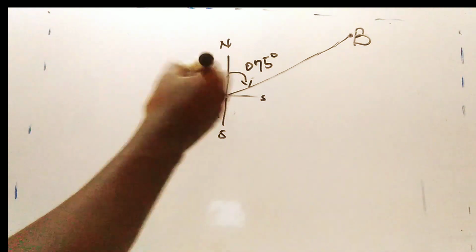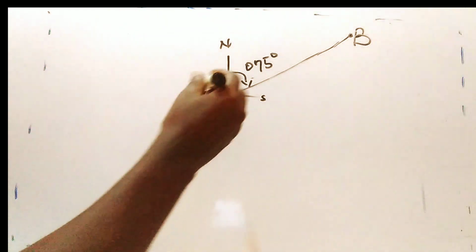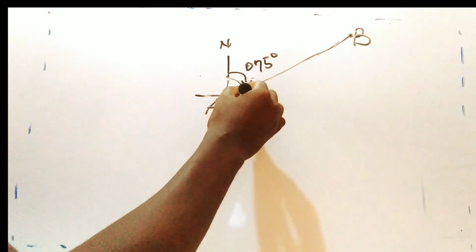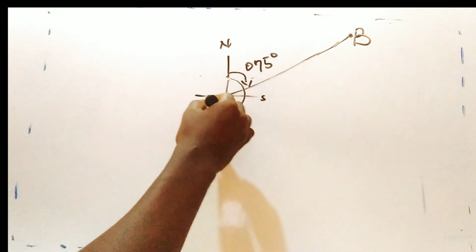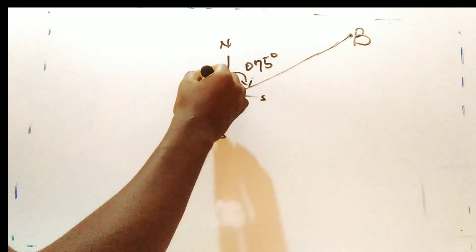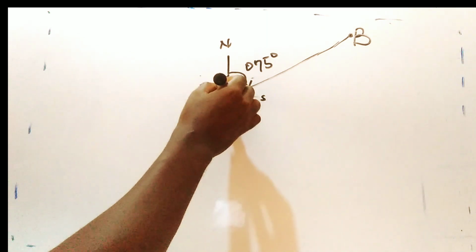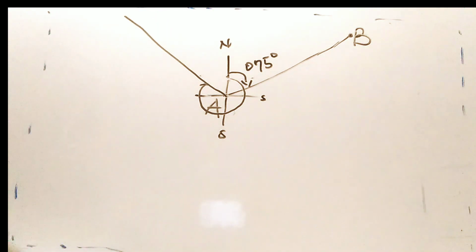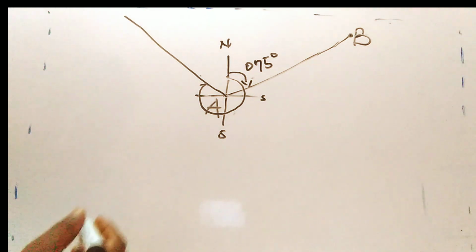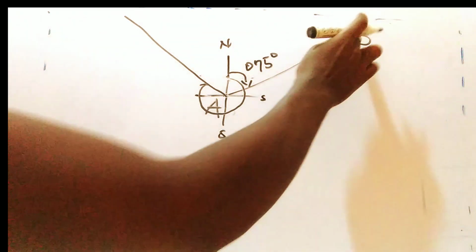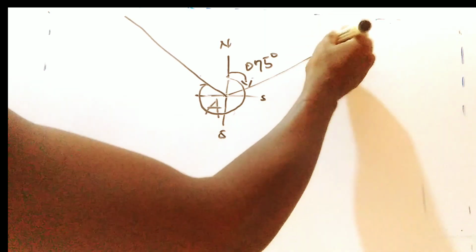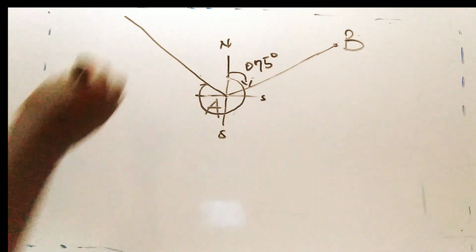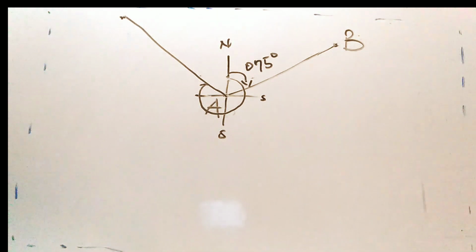Now, the bearing of C from A is 310. So now let's get the second bearing, 310 degrees. Let's move again from the north. We move clockwise, 90, 180, 270. So 310 should be somewhere here. And we draw the line, a little bit shorter so that we can see it.